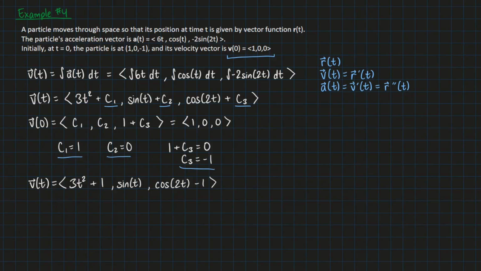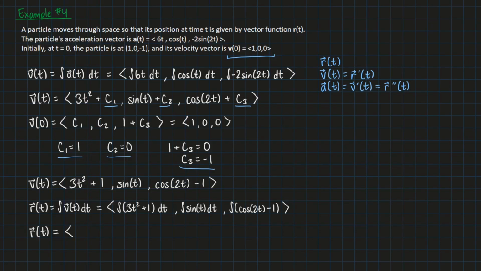So to get r of t, we'll take the integral of v of t. So the integral of 3t squared plus 1 is t to the third power plus 1t. So we can call these next constants c4, c5, and c6 so we don't get confused. And then the integral of sine of t is negative cosine of t plus c5. And then when taking the integral of cosine of 2t, the integral of cosine is sine.